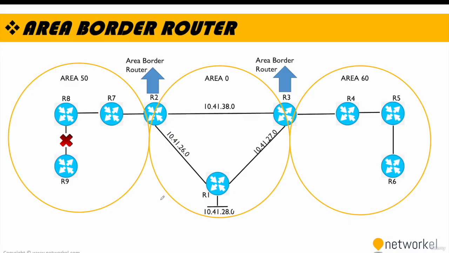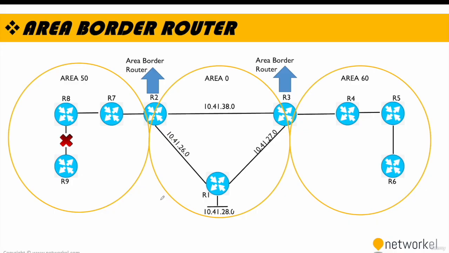Such connections are maintained by an interconnecting router known as an ABR, and an ABR, guys, maintains separate link state databases for each area it serves and maintains summarized routes for all areas in the network.